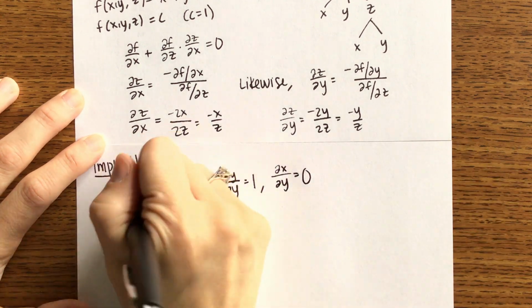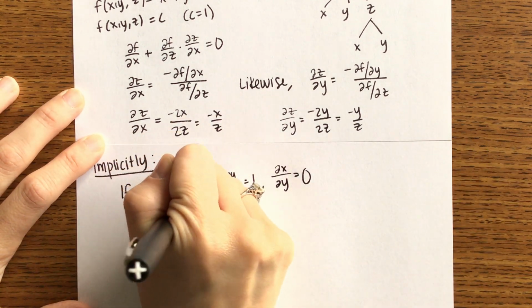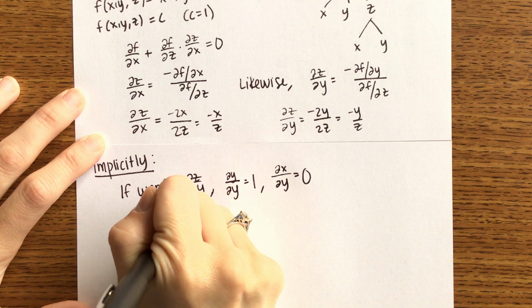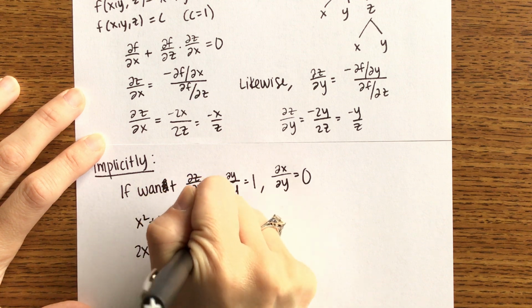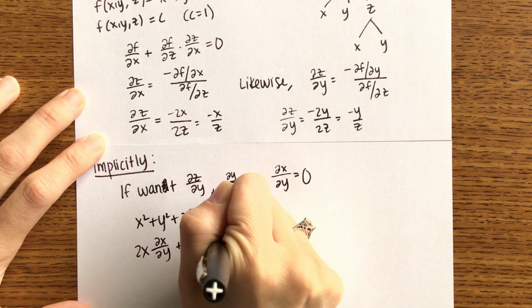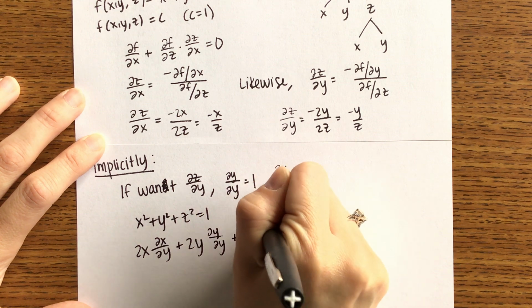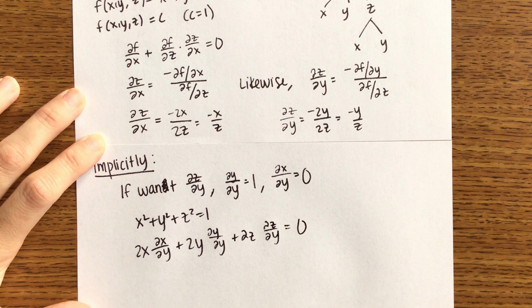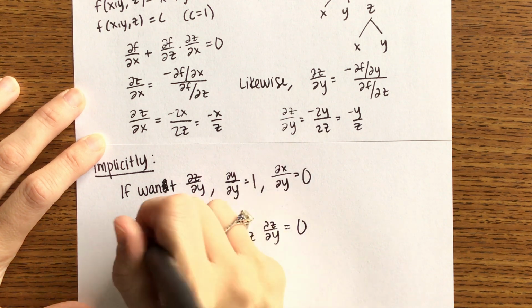Okay, so then we have that x squared plus y squared plus z squared equals 1. Taking the derivative of everything with respect to y, we get 2x times the partial of x with respect to y, plus 2y times the partial of y with respect to y, plus 2z times the partial of z with respect to y. That side will be 0. We already said this one was 0 because x and y are independent.